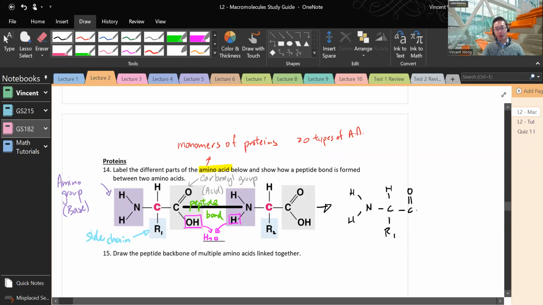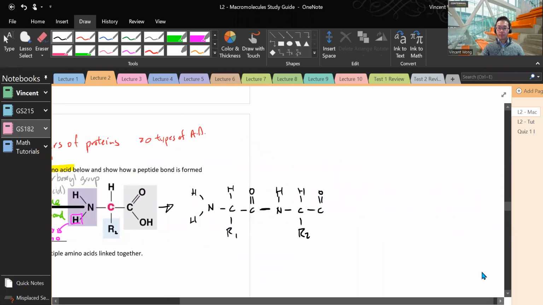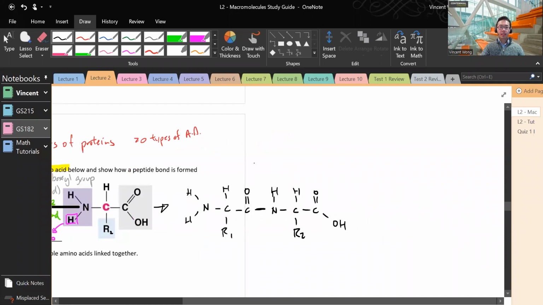And then we're going to have our peptide bond that connects to the other NH. This is R2 now. So you see, we have a peptide bond right here. This is the first amino acid. This is the second amino acid.